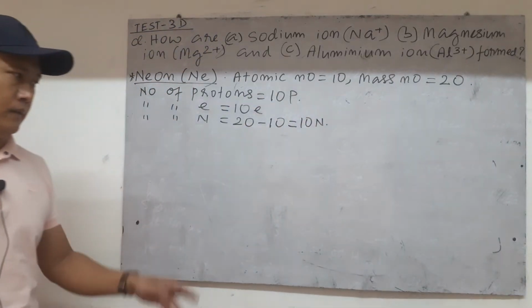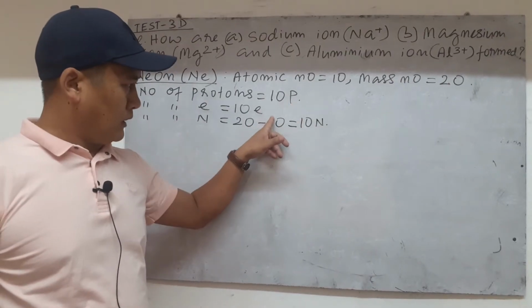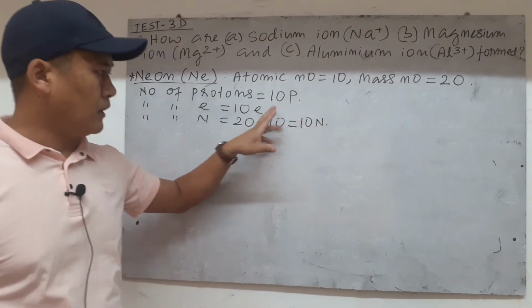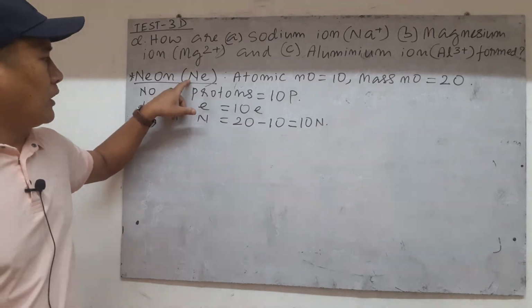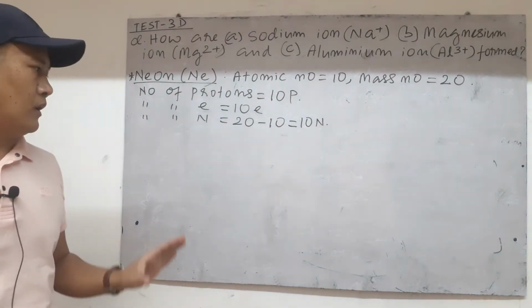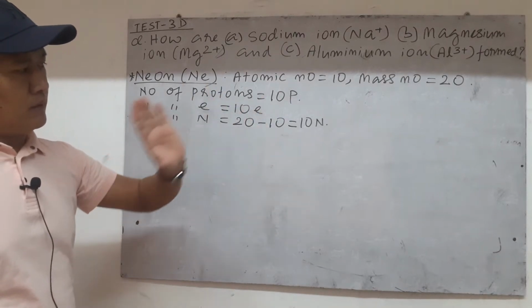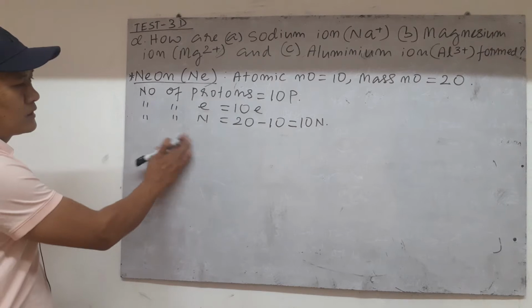So an atom has three fundamental particles: protons, electrons, and neutrons. We have found out that neon has 10 protons, 10 electrons, and 10 neutrons. If we know the number of protons, electrons, and neutrons, we can easily draw its structure.